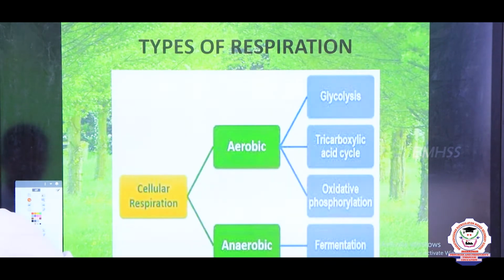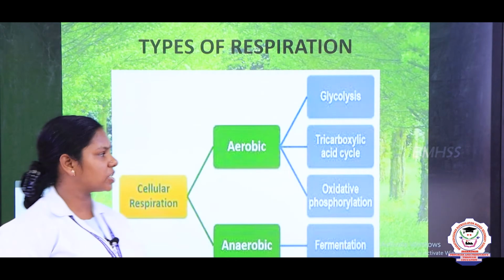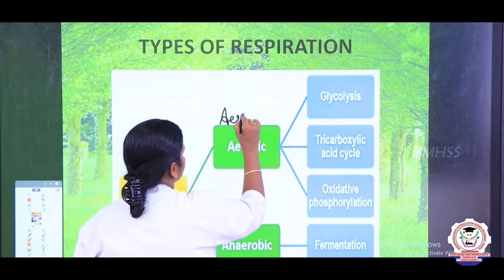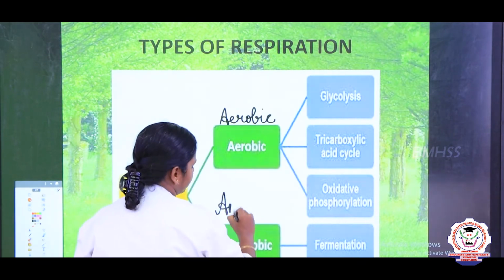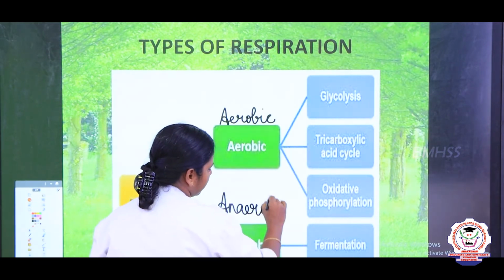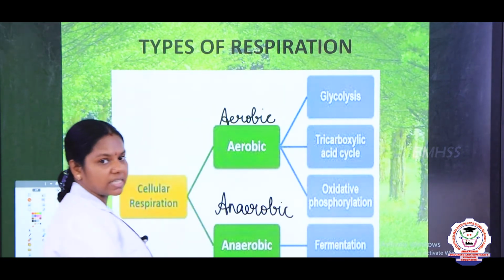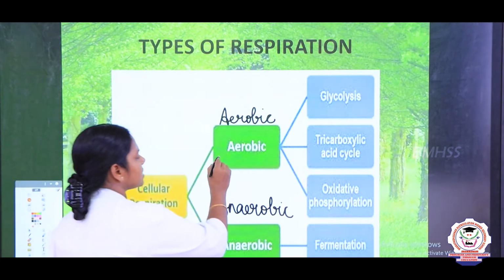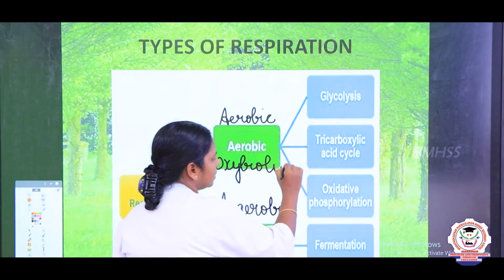And next we are going to see the types of respiration. There are 2 types of respiration, children. One is aerobic, and another one is anaerobic. What is aerobic? If the respiration involves oxygen, we say it is aerobic. Aerobic is also called oxybiotic.